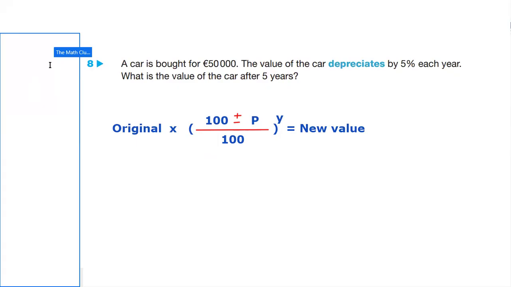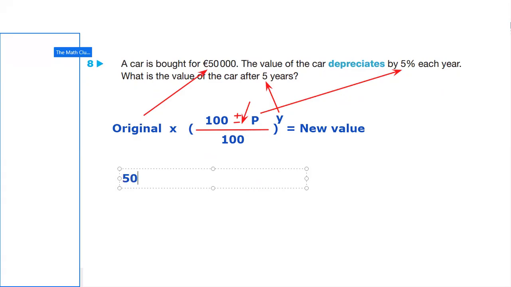Now, let's use it on this question here. The original is 50,000. This time it depreciates. It means we're going to use subtraction or minus. And the percent is 5. And the years are 5, so the power of 5. And this is how you fill the gaps here. Let's start with the original.